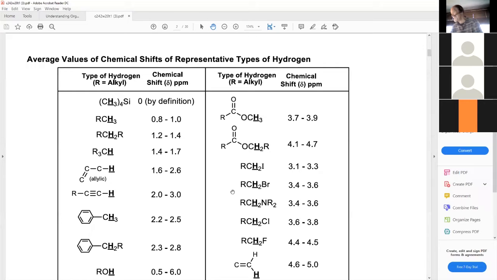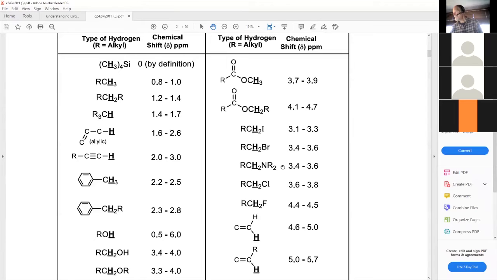Yeah, Devin has asked me about this table, and what we can get from it is, one, we can predict where we should see a peak in an NMR spectrum based on the type of hydrogen in the molecule. So if you're looking at a normal methyl group, which is very common in organic chemistry, attached to some kind of carbon chain, you would expect to see a peak at this low energy.